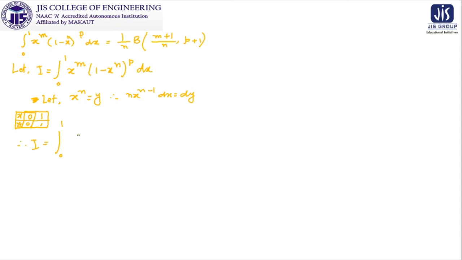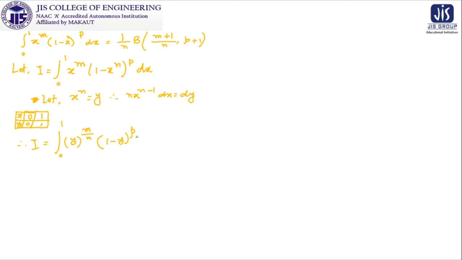From this x I can write y to the power m by n. Clear? Only for this one I have written this. Now 1 minus y to the power p dx.